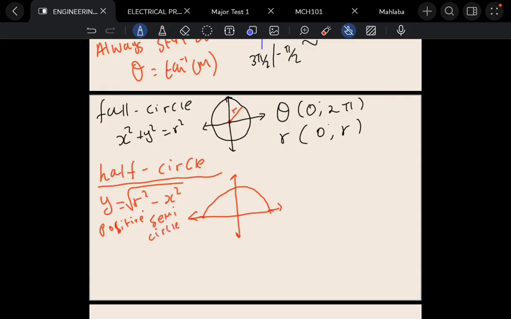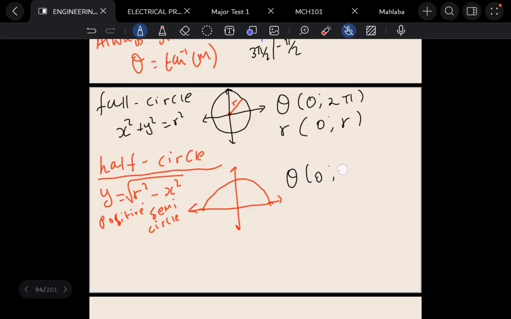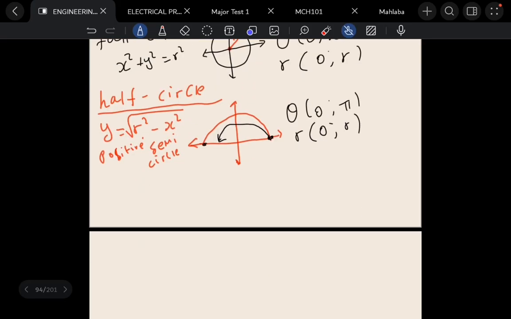So your theta will range from 0 to pi. Your theta will start here and move until it goes there, which is pi. And then your r is going to start from 0 to r again, a positive semicircle.